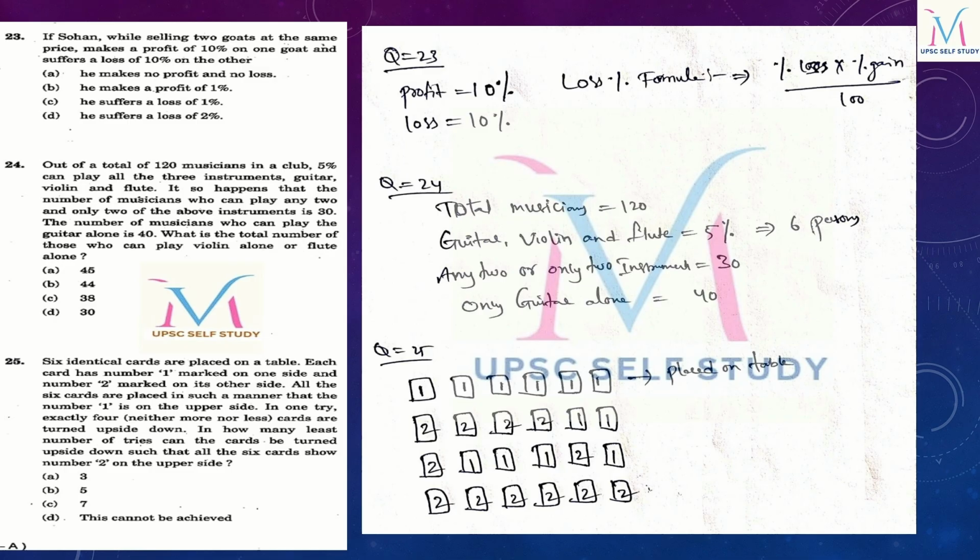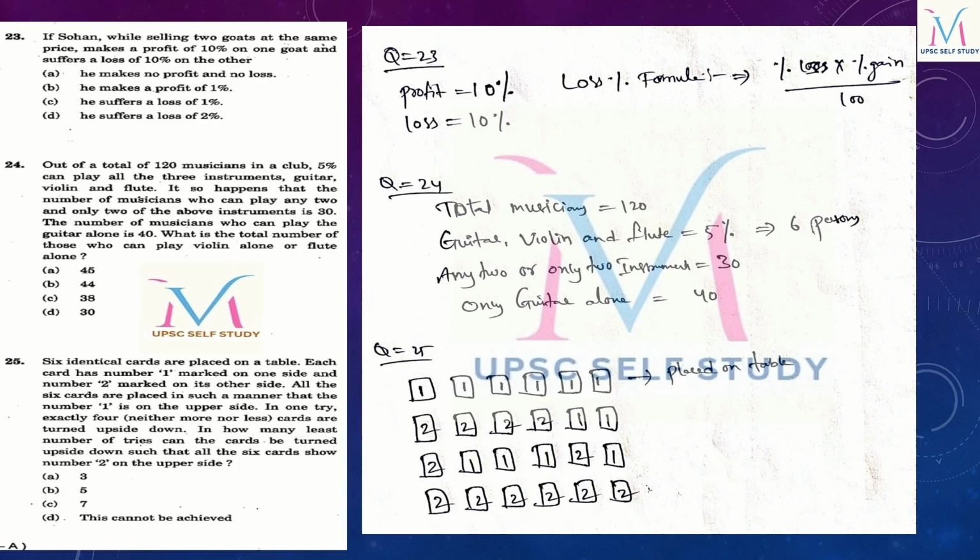So we can write this as 120 into 5 by 100. If we calculate, we get 6. So among 120, 6 persons can play guitar, violin and flute.